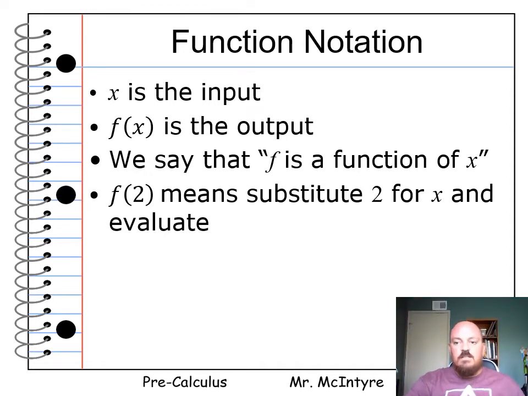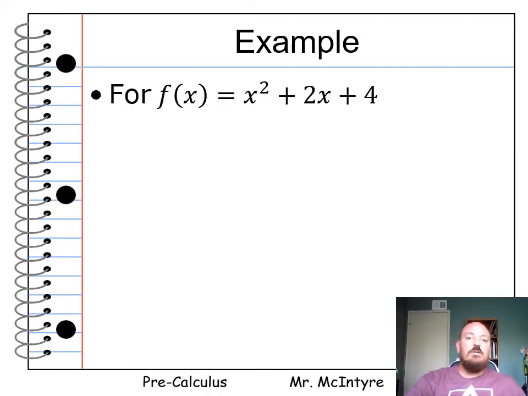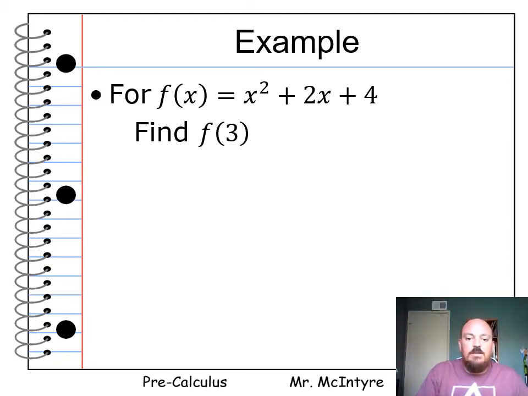Okay, so let's go back to this concept here about plugging numbers in. And let's start with a really easy example. So we have a function f of x equals x squared plus 2x plus 4, and we're going to find f of 3. Now here's the thing. Even though this is an easy example, I'm sure that all of you could do it very simply. I'm going to go through it a little bit more slowly than I might otherwise because it's going to lead into a harder example.